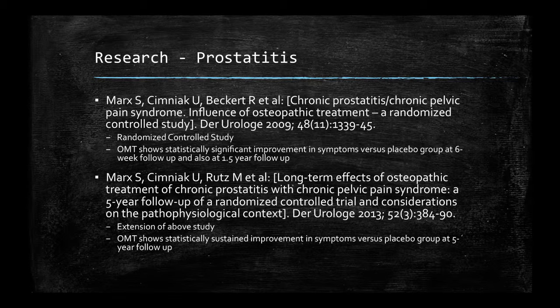For prostatitis, this 2009 randomized controlled study out of Germany showed that OMT came up with statistically significant improvement in symptoms of prostatitis versus a placebo group at a 6-week follow-up, and persisted also to a 1.5-year follow-up. And a long-term follow-up of this study, published in 2013, shows sustained improvement in symptomatology versus that placebo group at a 5-year follow-up.